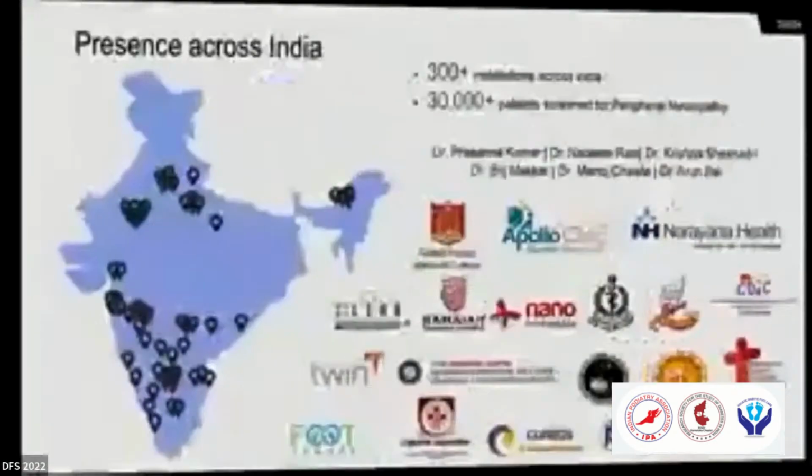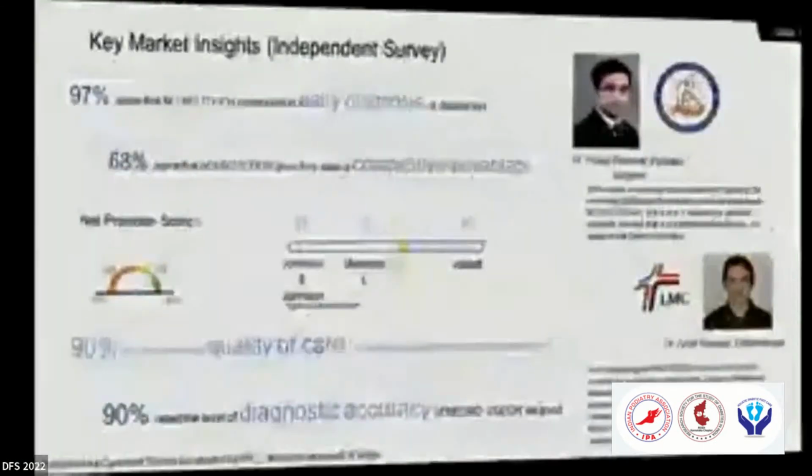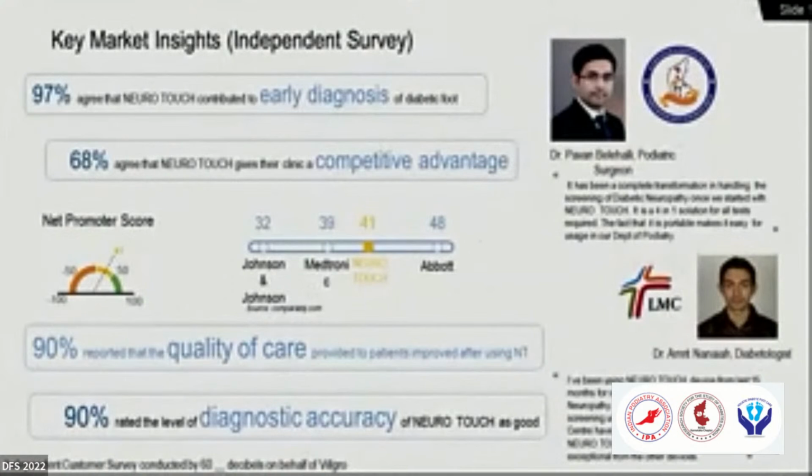These are just some of our clients, and we are pan-India as of today. Look at the numbers, 90%, 97%. This is the kind of quality that we are actually giving our patients. And the best part is, you can show your patients in a comparative manner their improvement based on your treatment.